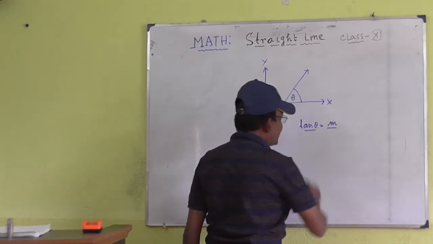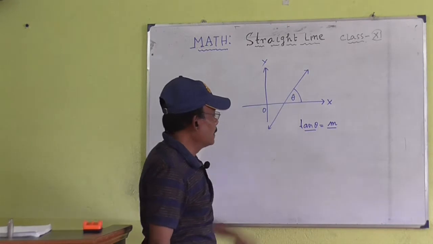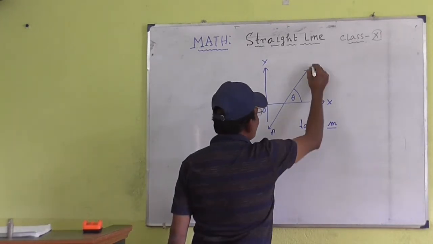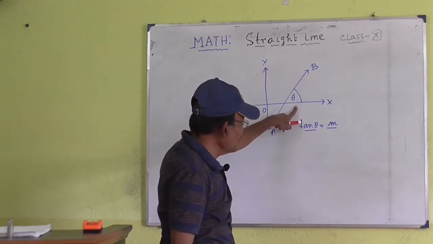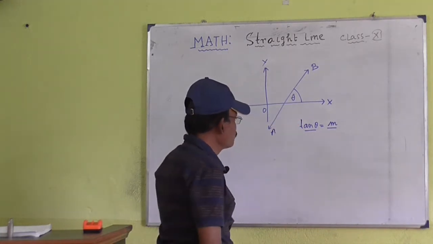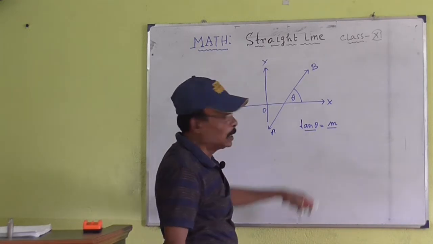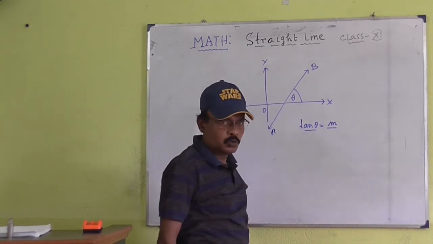M means the gradient. This line AB is inclined on the x axis at an angle theta. Here tan theta equals the gradient, or slope.